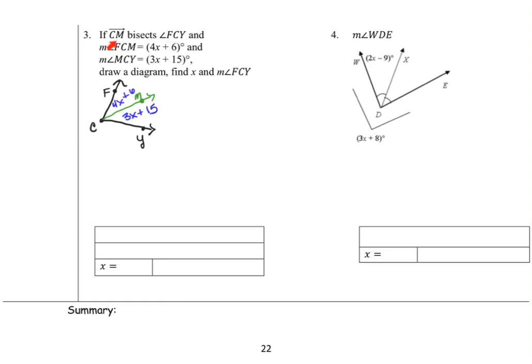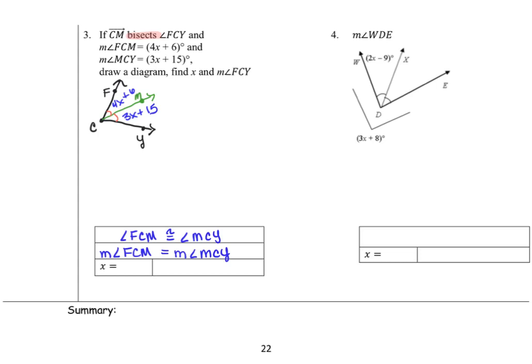Because it says the ray CM bisects angle FCY, I have to make sure that I include my little arcs to show that those two angles are going to be congruent because I have an angle bisector. So this word kind of hints that the two angles are going to be equal. So go ahead, write your congruency and your equality statement below.